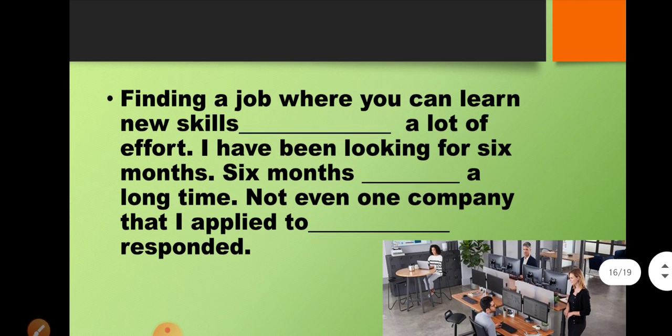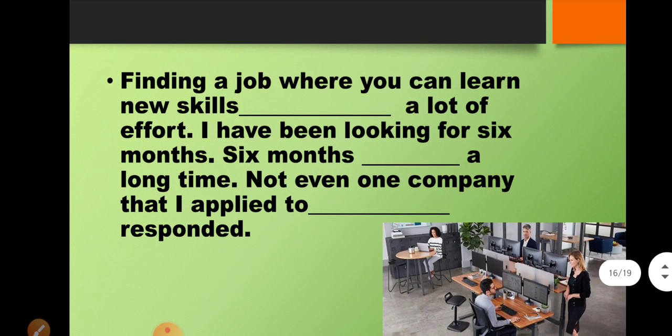Okay, next. Look at this. Finding a job where you can learn new skills dash a lot of effort. I have been looking for 6 months. 6 months dash a long time. Not even one company that I applied to dash responded.